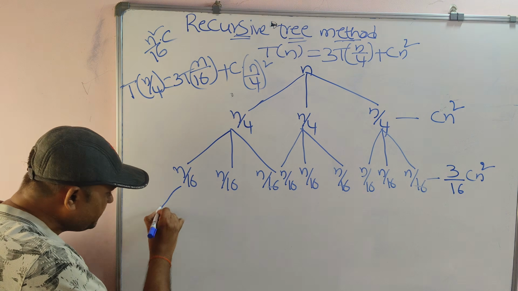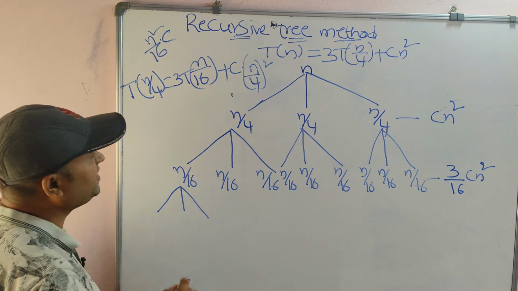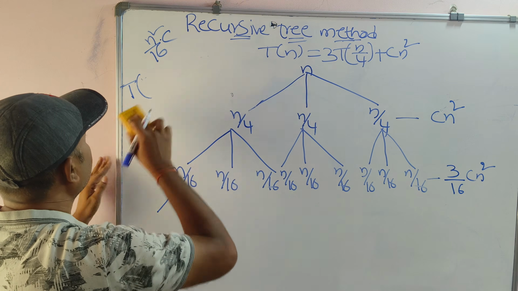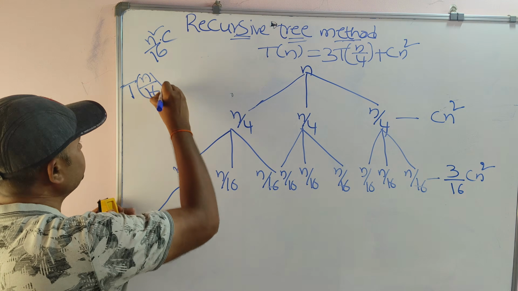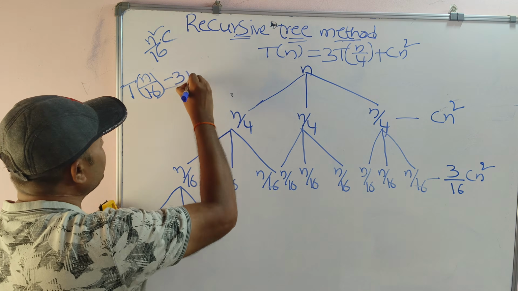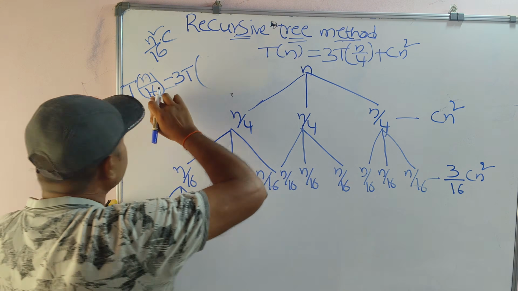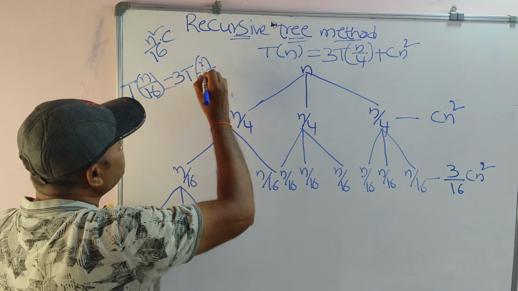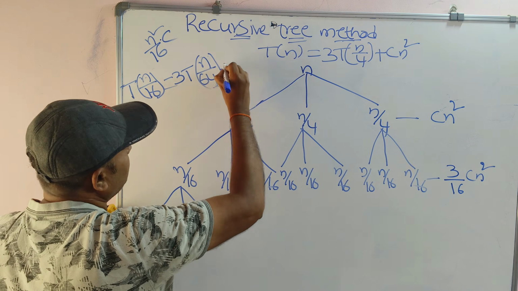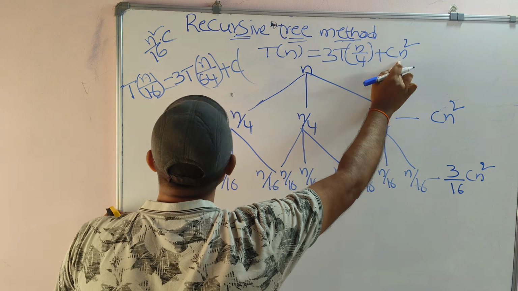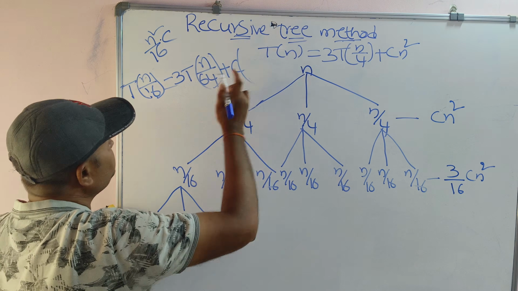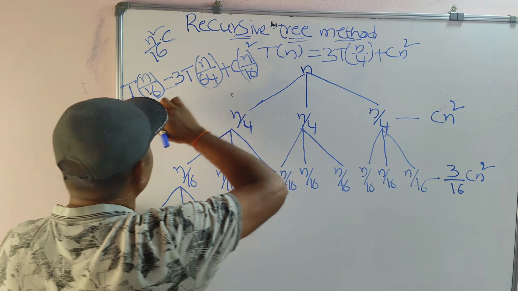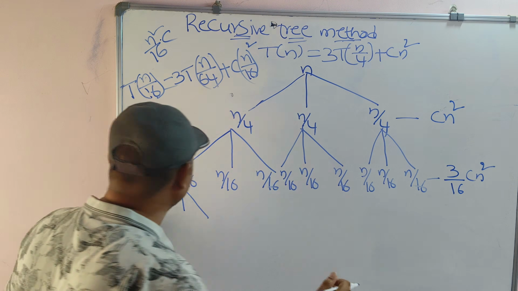Next, again this n/16 will be divided into 3 parts. So let us calculate that. In place of n, now we substitute n/16. Then we will get 3T of n/16 by 4, that is n/64, plus c into (n/16)² for merging.